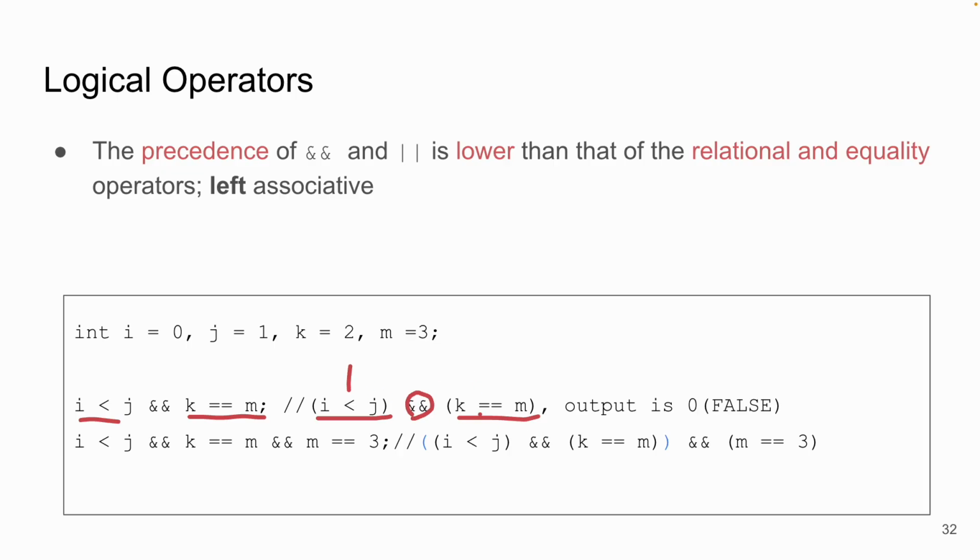And we have the other sub-expression to check if k is equal to n, and 2 is definitely not equal to 3. So the return value of this sub-expression will be 0. So we have 1 and 0 here, and 1 and 0 will be 0 because true and false will be false. So that is why the return value of this entire expression is false.